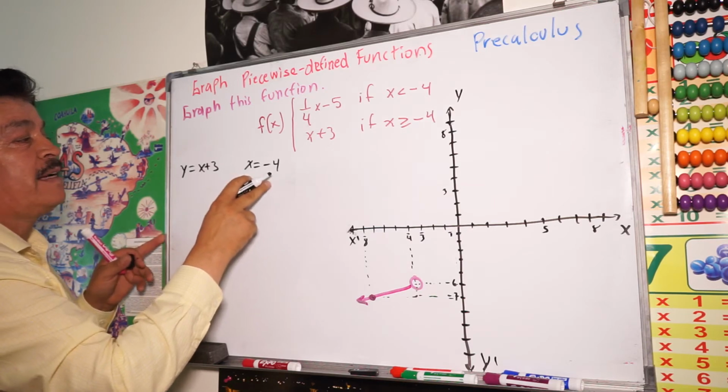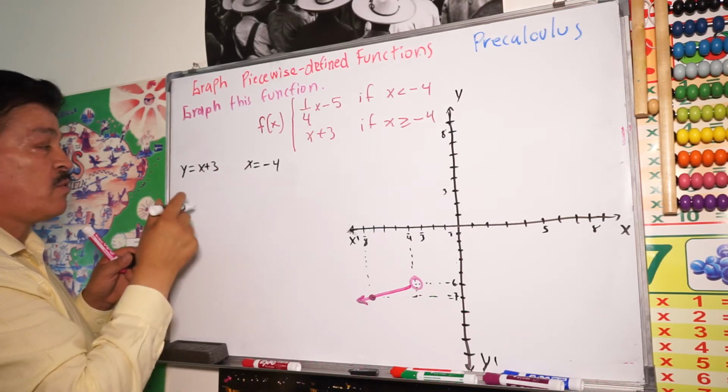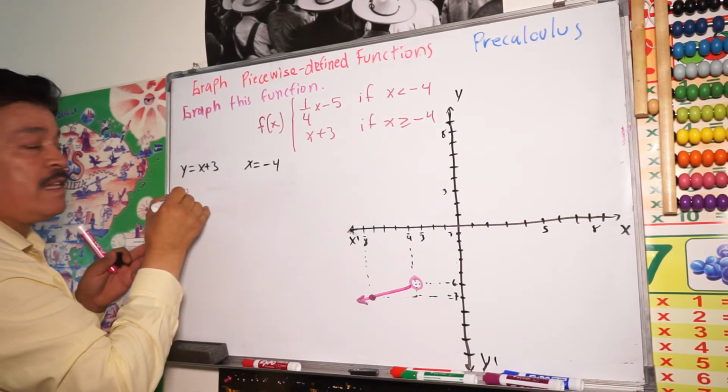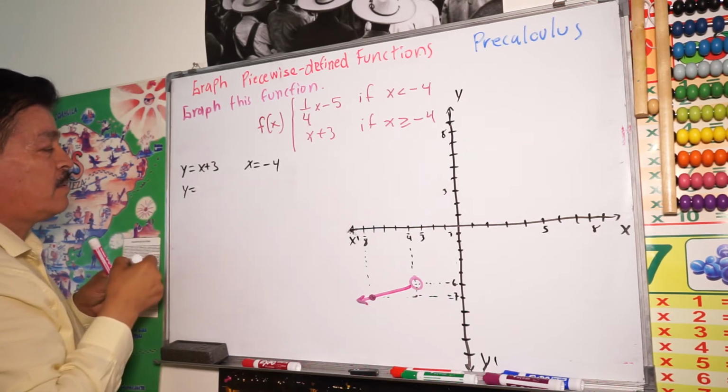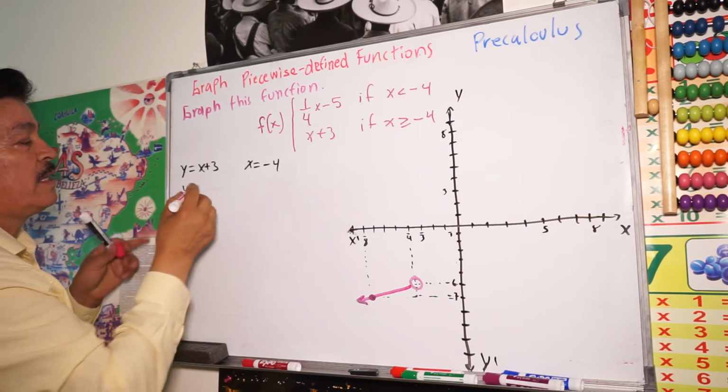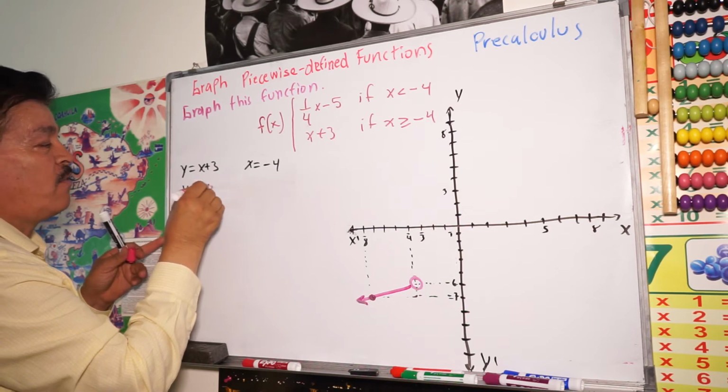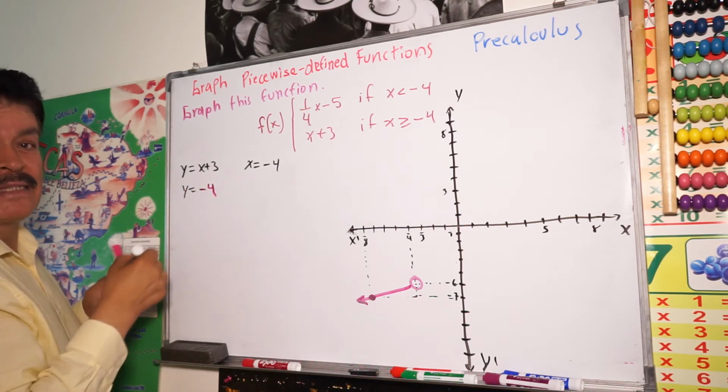Then we plug -4 into the equation. So y equals x, which is -4 in this case, plus 3.